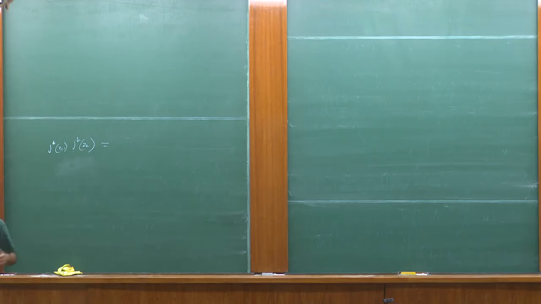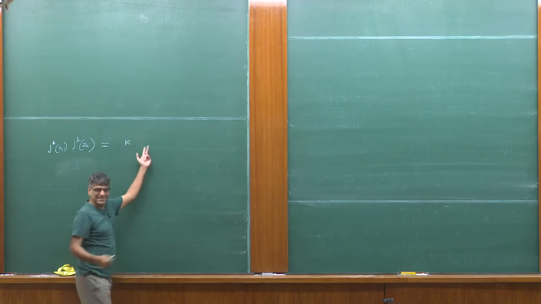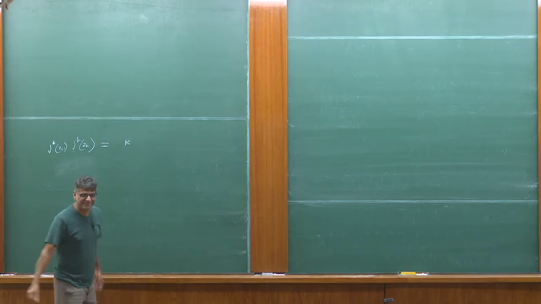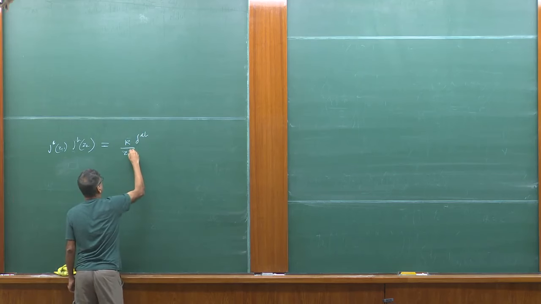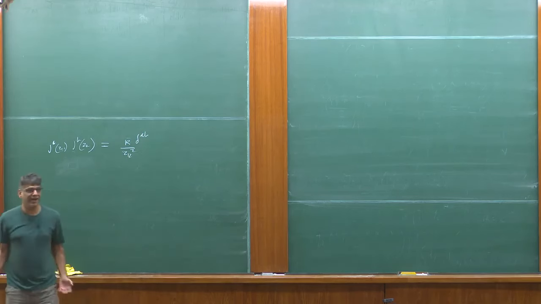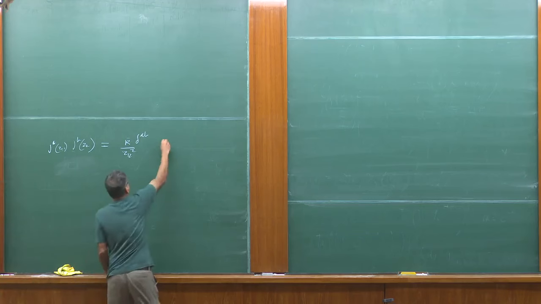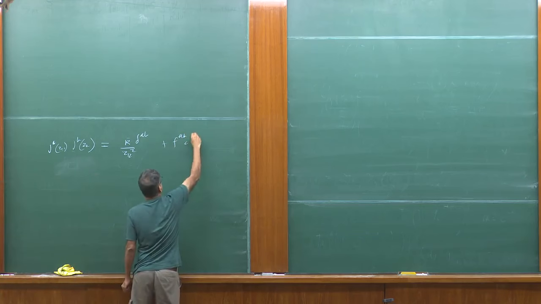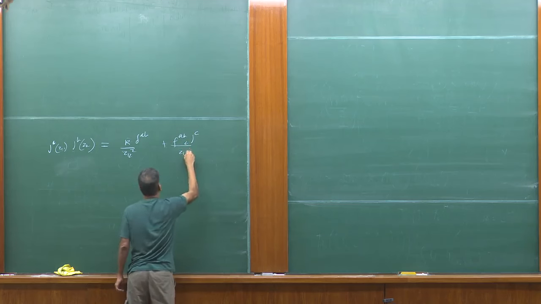All the same arguments we had before for SU(2) more or less go through in structure. So what we will get is K times the invariant tensor, which we've chosen to be delta AB, divided by z12 squared. Why squared? Because J has dimension 1. Plus f^ABC J^C divided by z12.